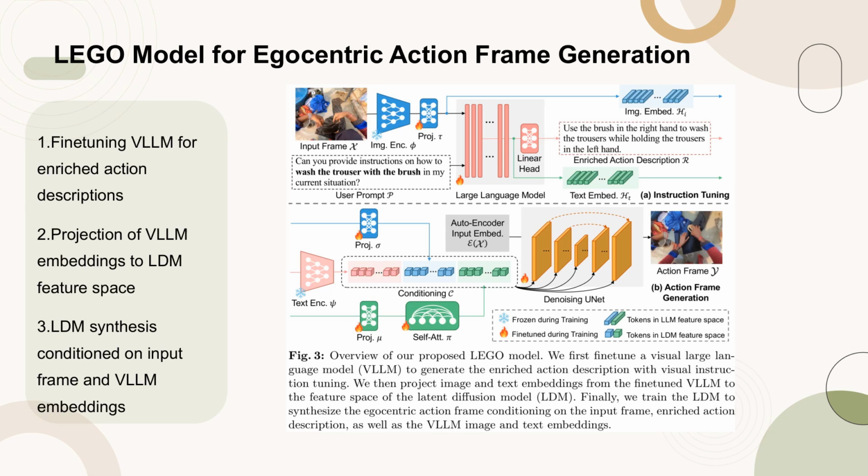The LDM is trained to synthesize the egocentric action frame, taking into account the input frame, the enriched action description, and the VLLM's image and text embeddings. This approach leverages the strengths of both the VLLM and the LDM to bridge the gap between visual and textual understanding, resulting in more accurate and contextually relevant action frame generation.